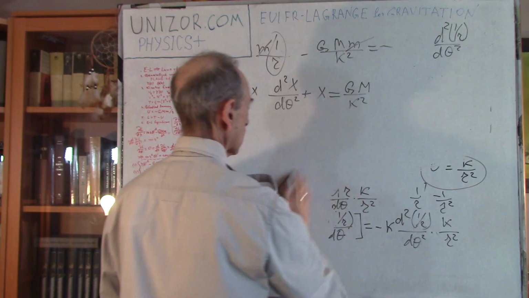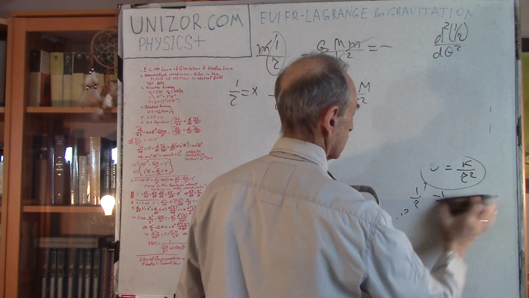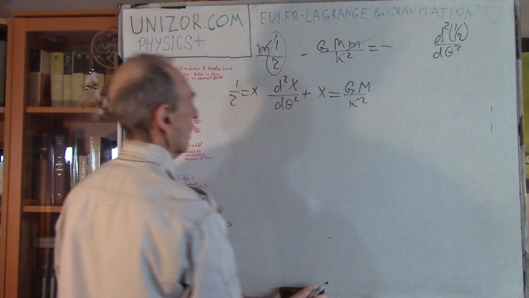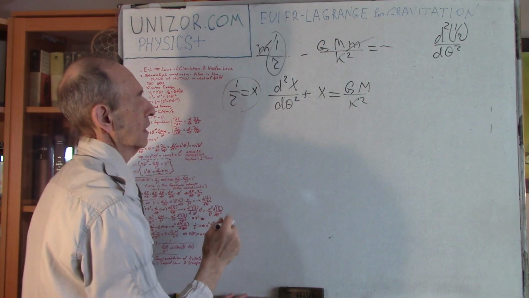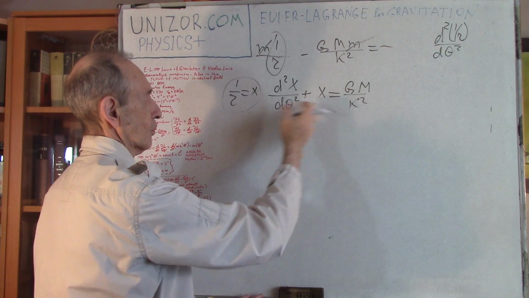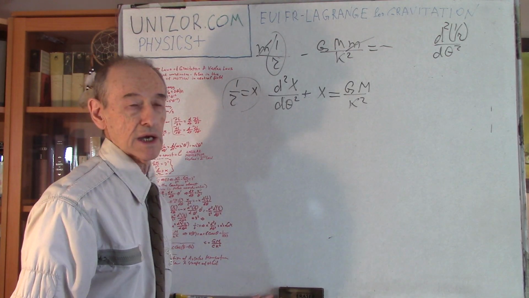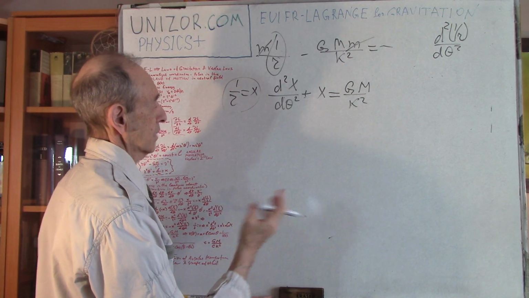So we did not really get function r from theta. We got an expression for 1 over r, for x, right? Now this is a known differential equation, second order. It was considered many times in literature and in my course as well.